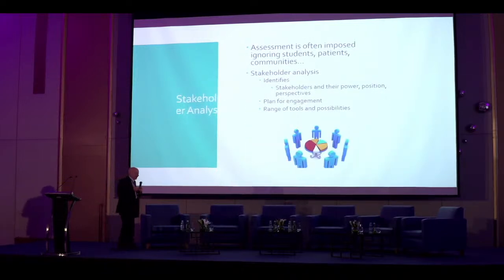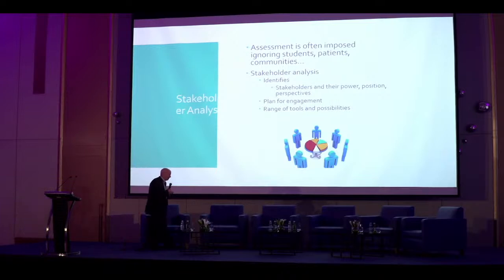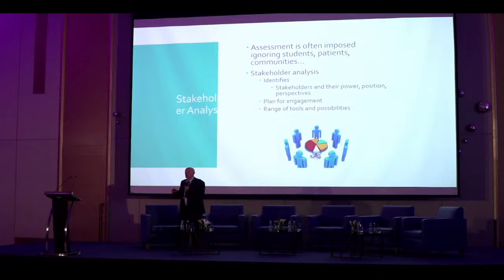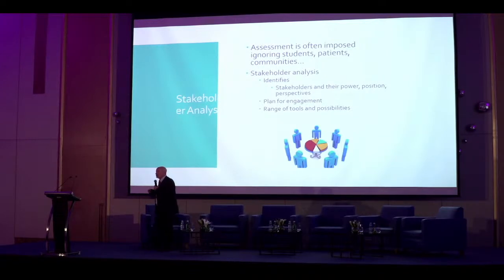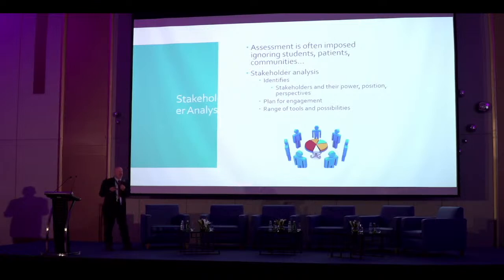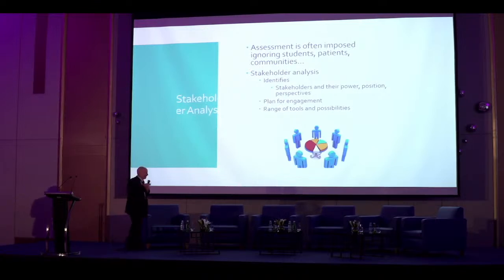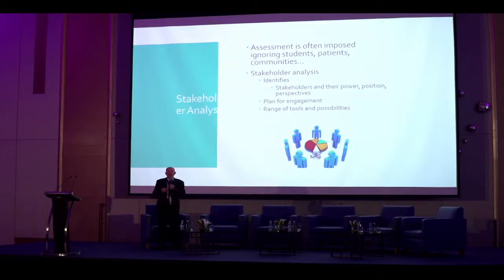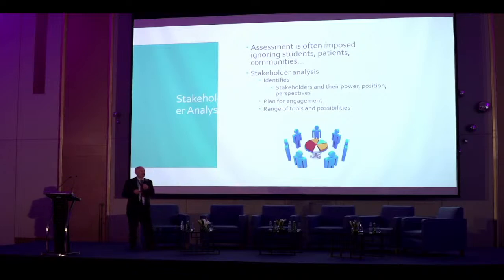One of the things that is unfortunate about the assessment systems we currently use is that it's often imposed, ignoring students, ignoring the patients, community members. So one of the key pieces of developing a system of assessment is making sure that there's a stakeholder identification process, a systematic process for deciding who the stakeholders are at each step along the way.